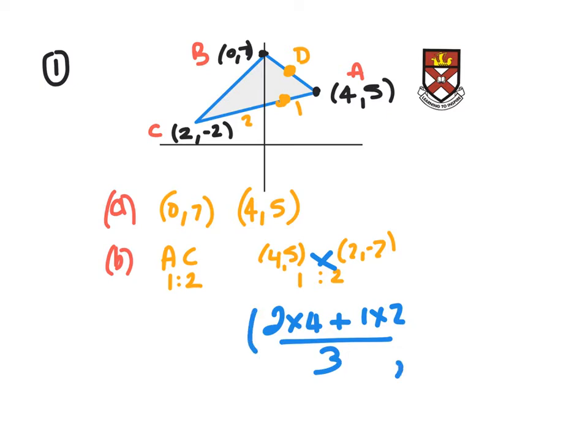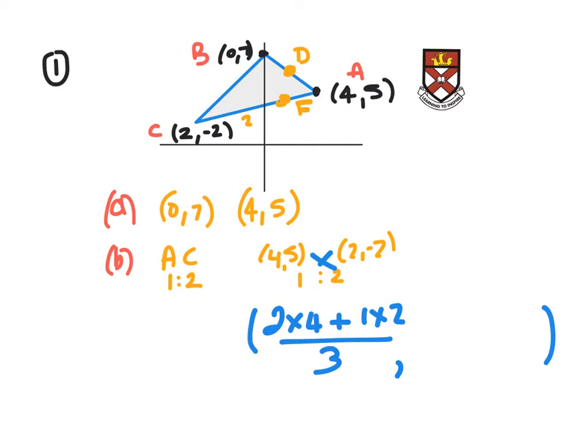That gives us the x coordinate, and then do the same thing for the y coordinate. The 2 down here times 5, the 1 here times the negative 2 to get the y coordinate, and then that'll tell you what the overall coordinates for point E are here.